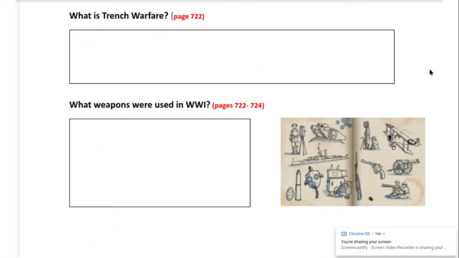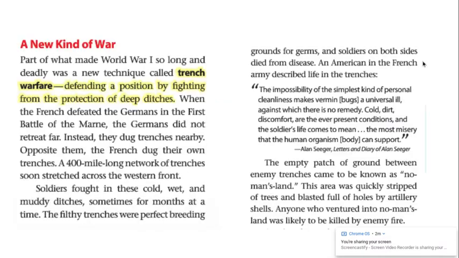And then we get to, what is trench warfare? The textbook has this on 722. So let's take a look. We're going to look for this answer. And this is from page 722. A new kind of war. Part of what made World War I so long and deadly was a new technique called trench warfare, defending a position by fighting from the protection of deep ditches.